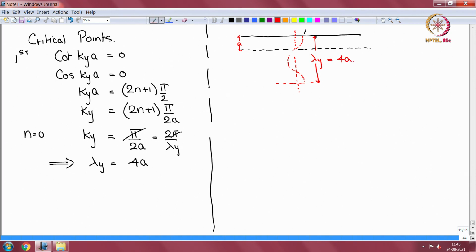So what does it mean when you enforce this relation such that a is a fourth of lambda? The pressure here goes to 0. So this is lambda y by 4. First, lambda y shows one wavelength, and on top of that its relationship with a is that it is 4 times a. If you enforce that relationship, by the time it reaches the bottom flexible plate, the pressure is 0.